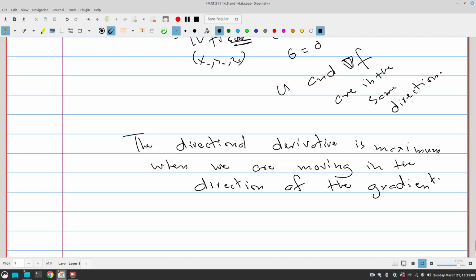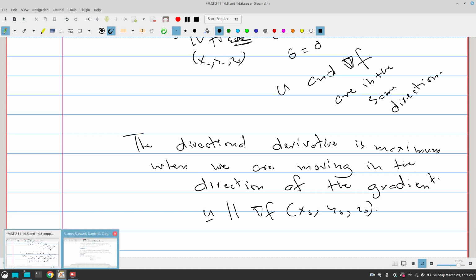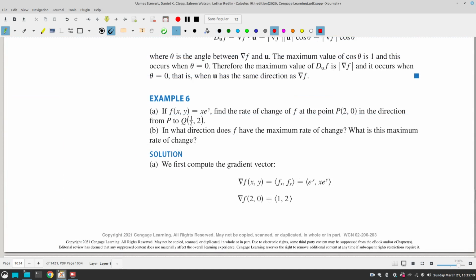In other words, u is parallel to del f at x naught, y naught, z naught. Right, that's when the directional derivative is at its maximum.